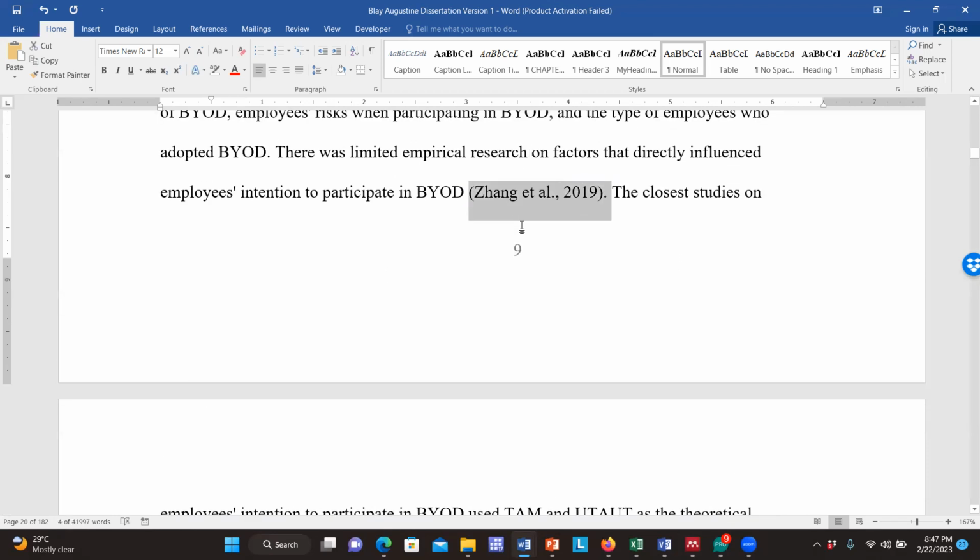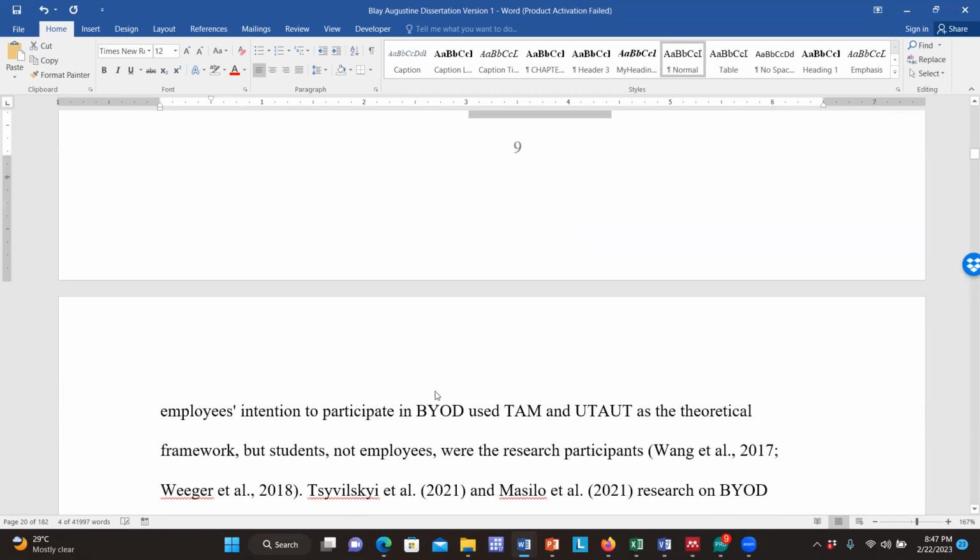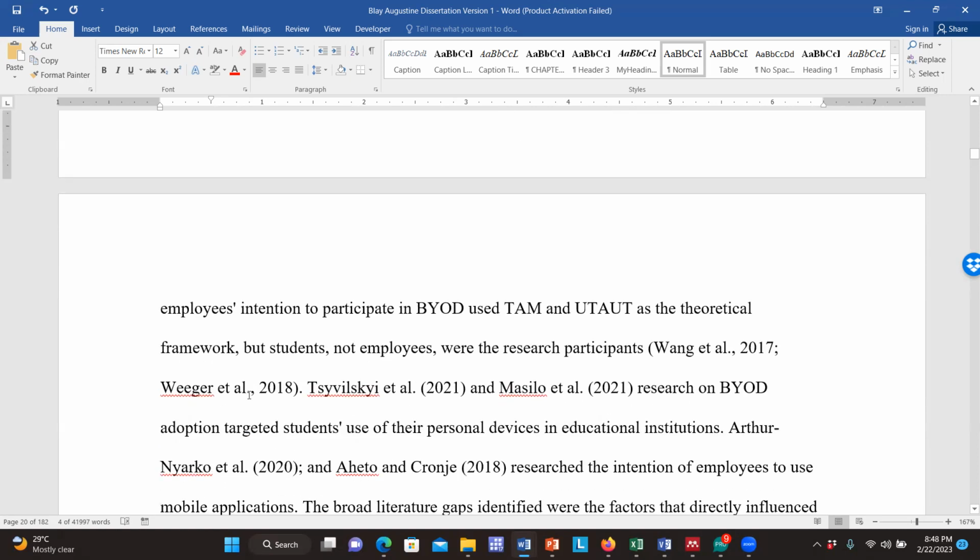Now, look at this statement. He said, the closest studies on employees' intention to participate in BYOD use TAM, the Technology Adoption Model, and UTAUT. What we are using is UTAUT 2, the extended UTAUT, as the theoretical framework, but students, not employees, were the research participants.